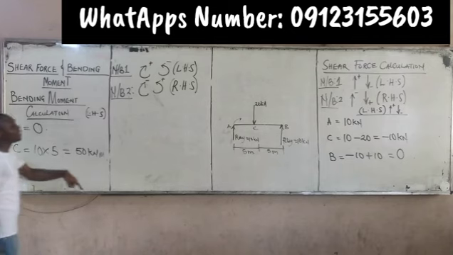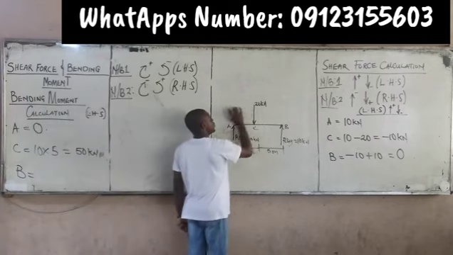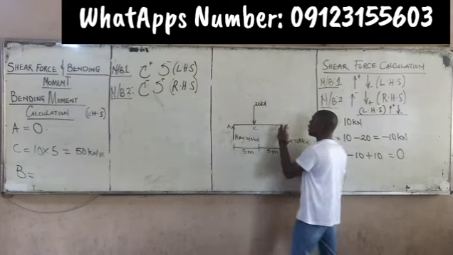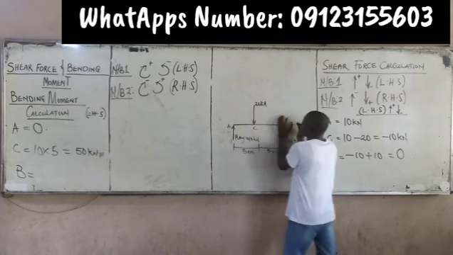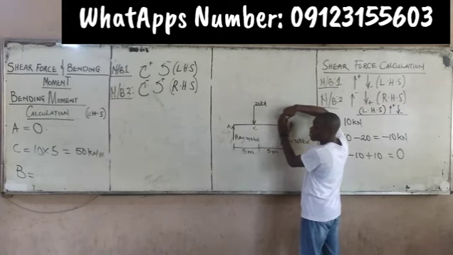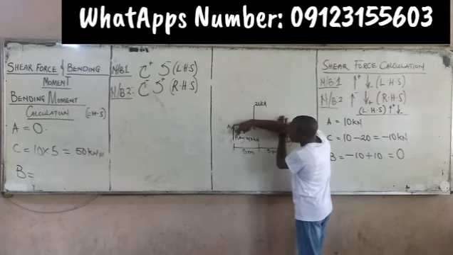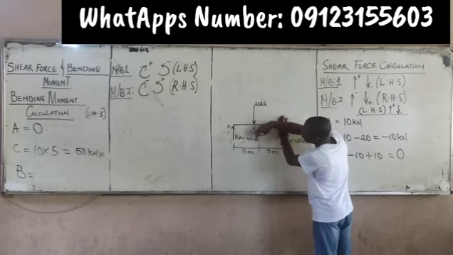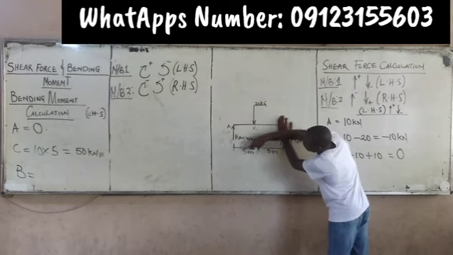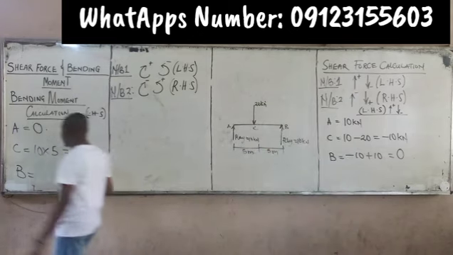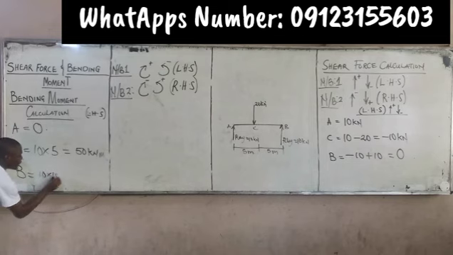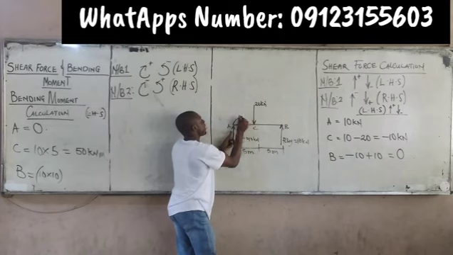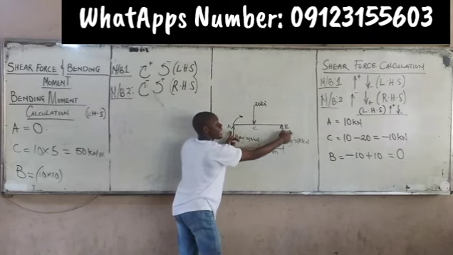Alright, for point B, similar, the same thing. If I take moment at point B, of course, point B is 0. Now, if B is 0, I have two forces that should come to B. If RA, which is 10, comes to B, that becomes 10 times 10, because RA is moving in a clockwise manner to B, since we're taking moment at B now.